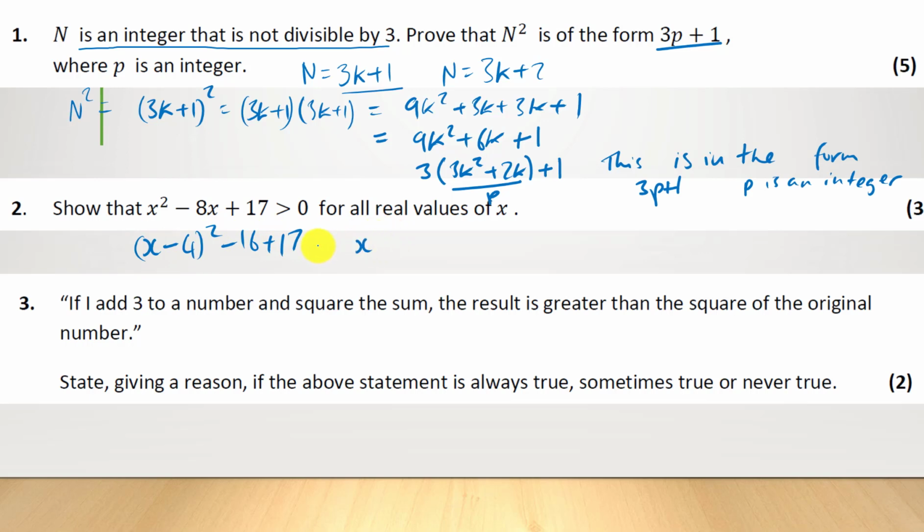So that's going to equal x minus 4 squared plus 1, and this is 0 or greater because you're squaring it, so therefore x minus 4 squared plus 1 is greater than 0 for real values of x.